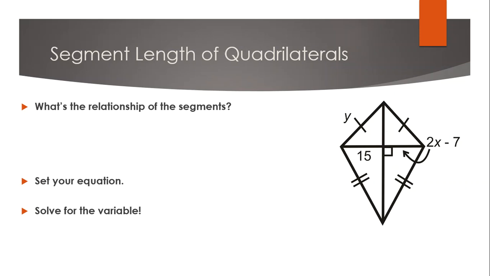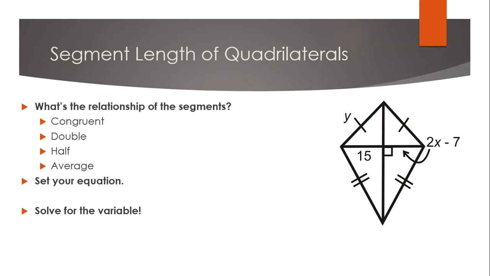Now, another problem you may find is finding the segment length of a quadrilateral. We have a small segment here in this kite, and again we want to figure out the relationship of the segments, whether they're congruent, double, half, average, whatever the case is.